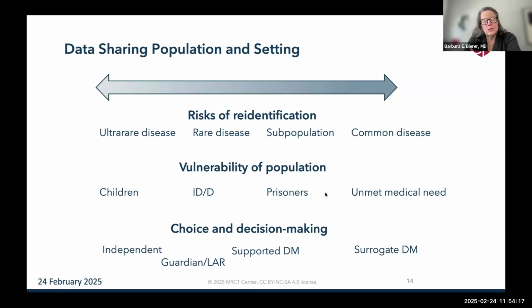There's supported decision-making and surrogate decision-making, and there the choice is the independent person's when it's supported decision-making, but the decision maker is the surrogate when they have lost the ability and the capacity to consent.